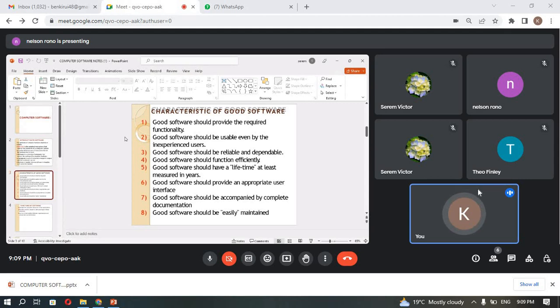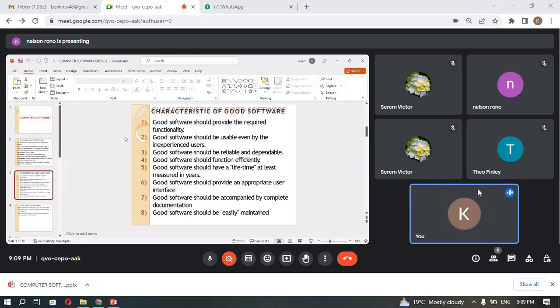We now look at the characteristics of good software. A good software should provide required functionality. Good software should be usable even by inexperienced users. Good software should be reliable and dependable. Good software should function efficiently.